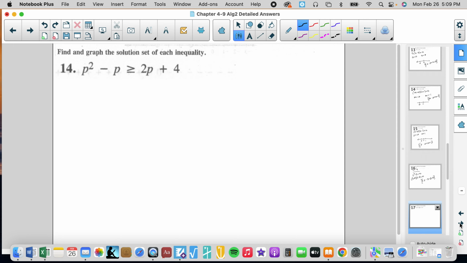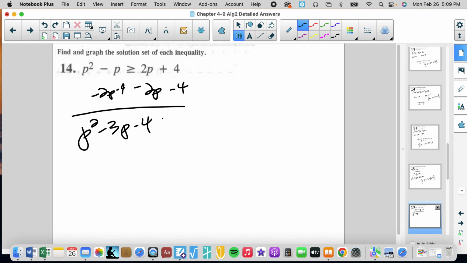Yes. Okay. Minus 4 minus 2p minus 4. We get p squared minus 3p minus 4 is greater than or equal to 0. That's positive, so now we're going back to the ors. P minus 4, p plus 1.